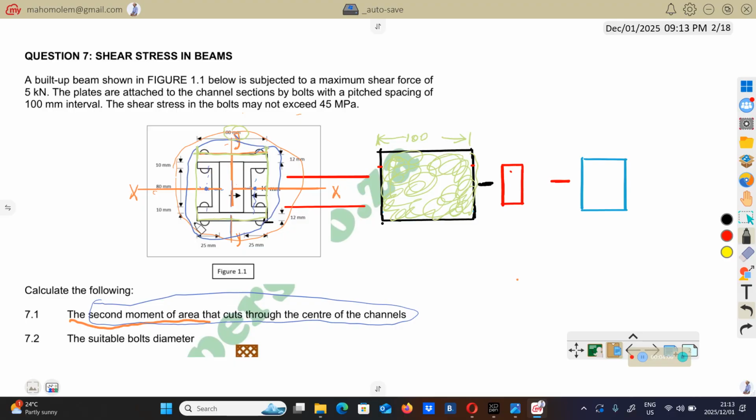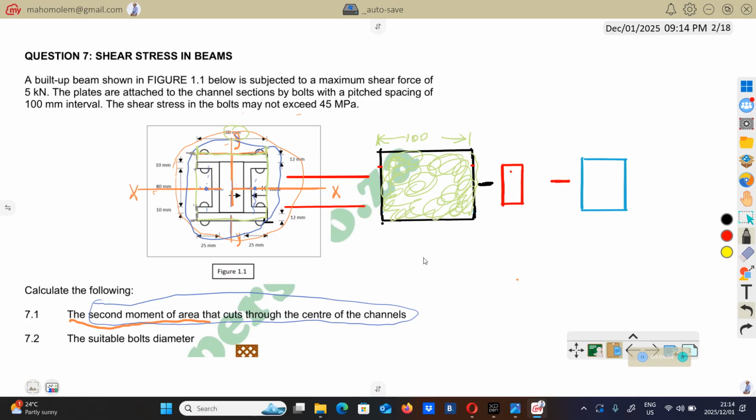Then the height of this box is going to be the distance from here to there. So this distance here, which is 12, plus this distance here, which is 10, plus this distance here, which is 80, plus 10, plus 12.